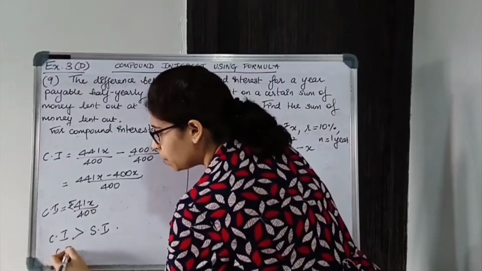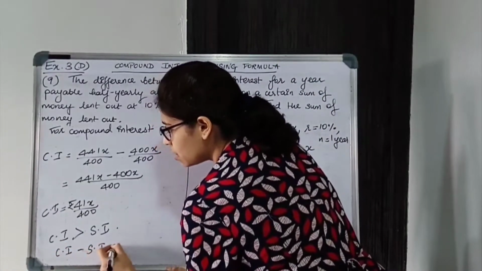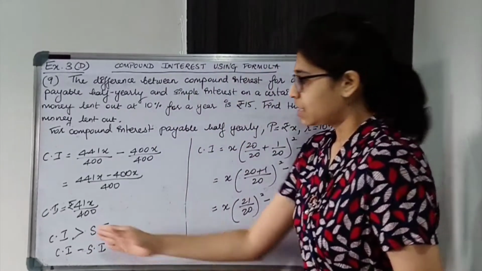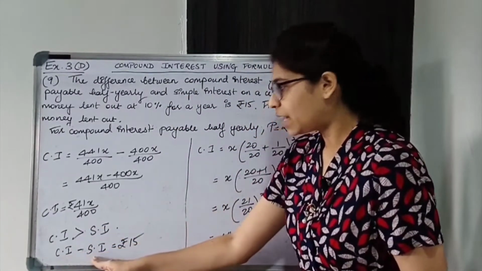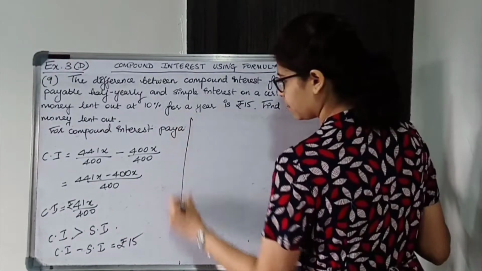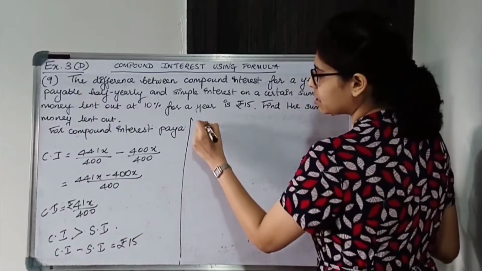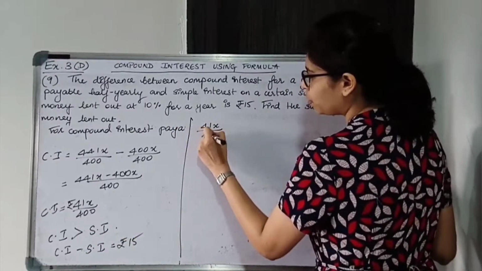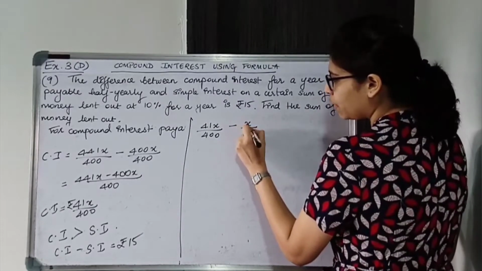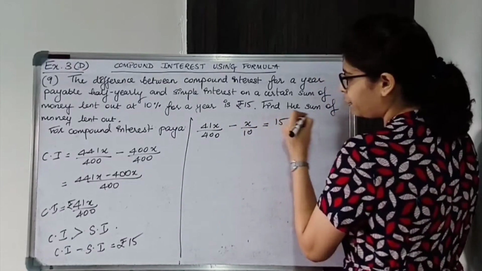We know that compound interest minus simple interest is equal to 15. Substitute the value of CI, substitute the value of SI. And now we'll get the value of X. So CI is 41x upon 400 minus SI is x upon 10 is equal to 15.